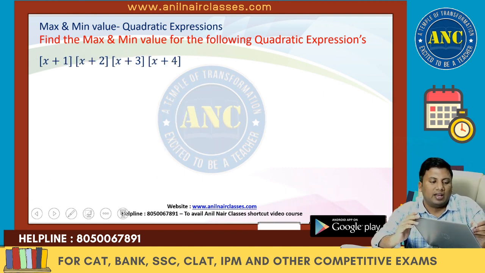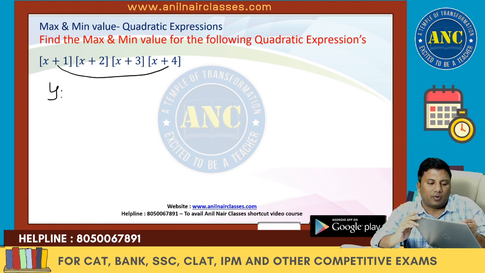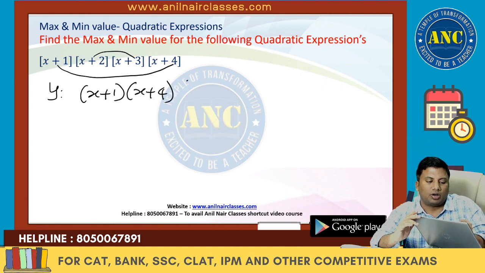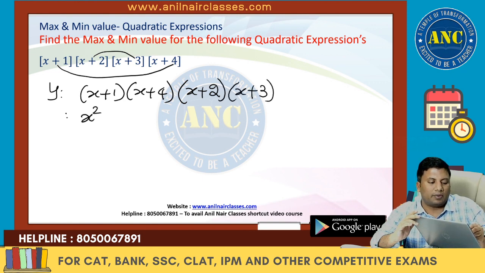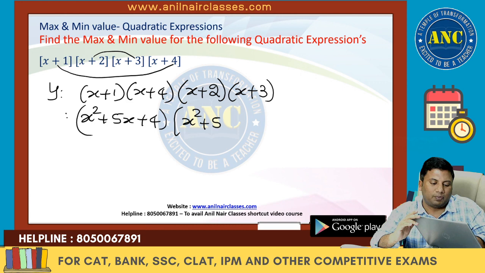Same idea. Try to convert it into a quadratic function. This is nothing but x plus 1 into x plus 4 into x plus 2 into x plus 3. This is nothing but x square plus 5x plus 4 into x square plus 5x plus 6.